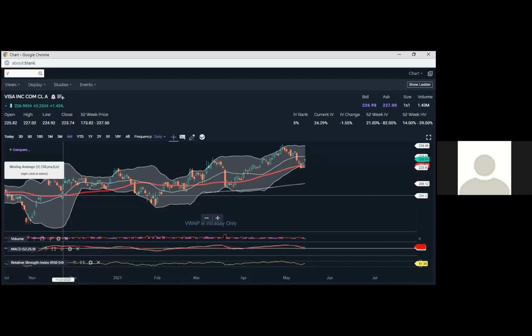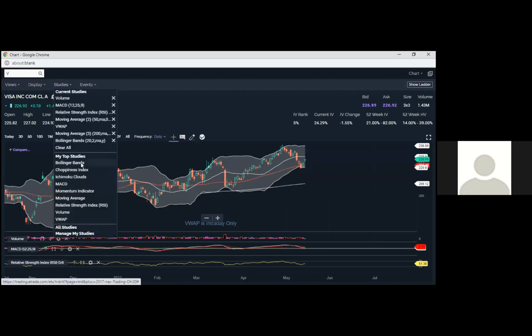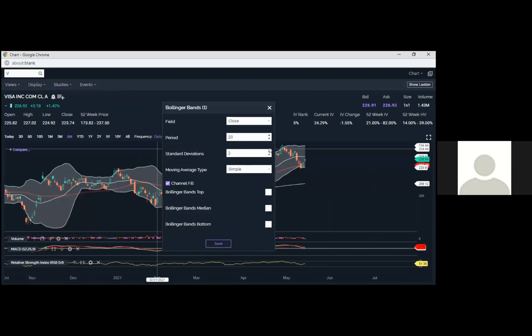The top and bottom Bollinger Bands basically are standard deviations. Right now, we have a 2 standard deviation Bollinger Band showing. I personally like to use the 2 and the 1. So I'm going to go ahead and show you guys what that looks like real quick.